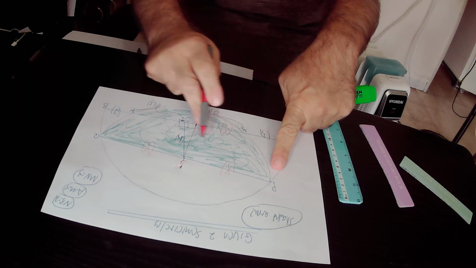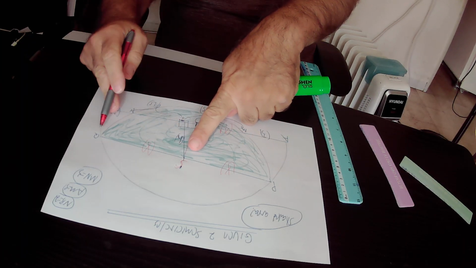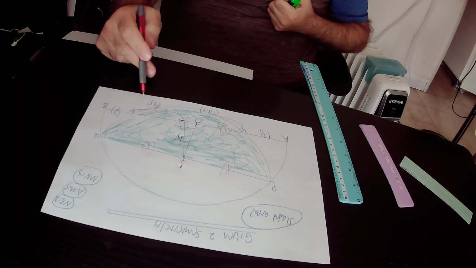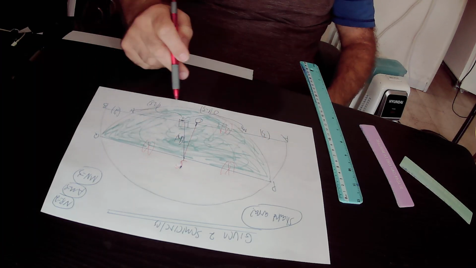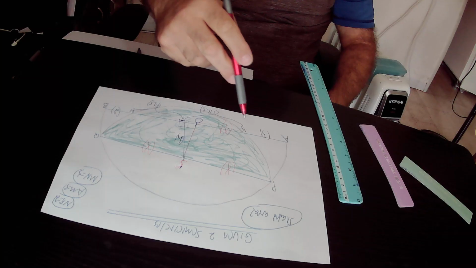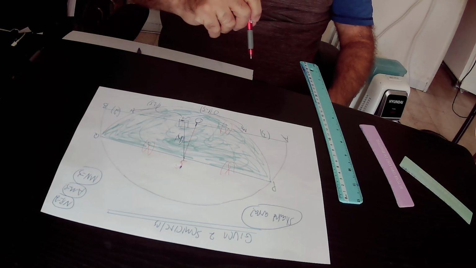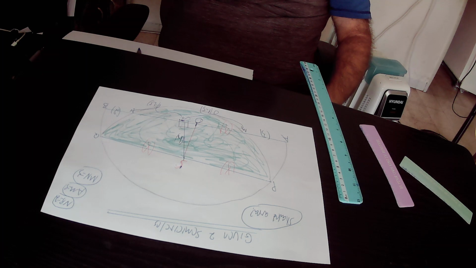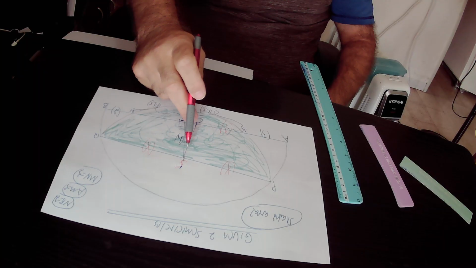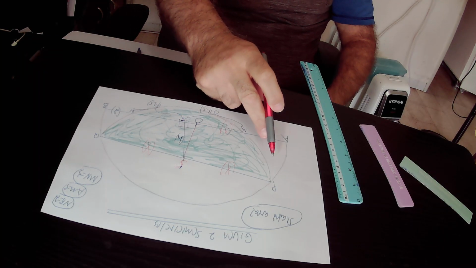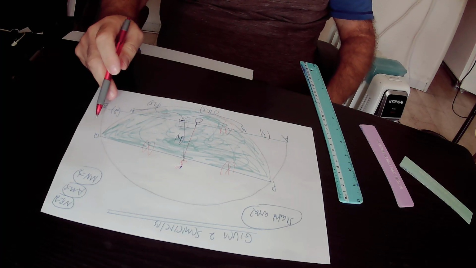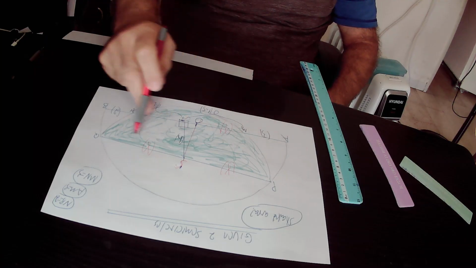The first half of PQ is PS and it is equal to the second half of PQ, that is also x. And because from the center of this big semicircle, from point O, we draw a chord bisector on chord PQ, the chord bisector OS will also be perpendicular to PQ.